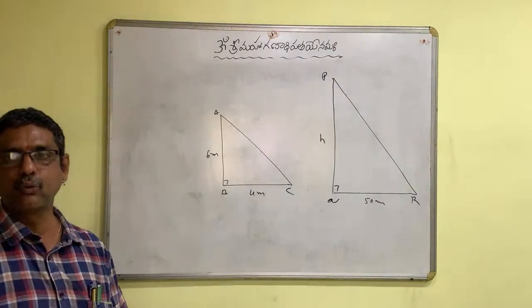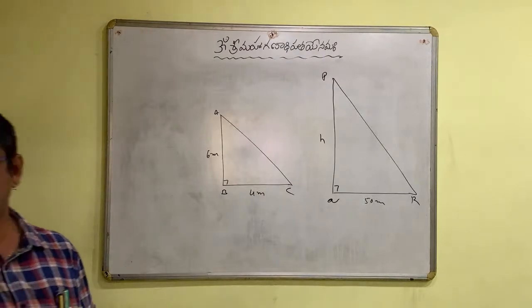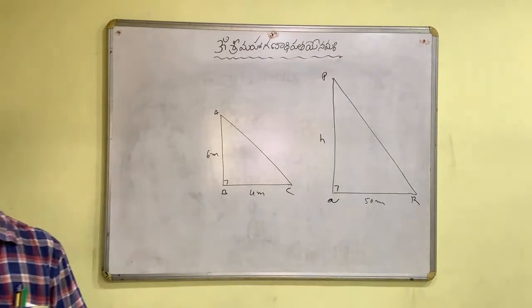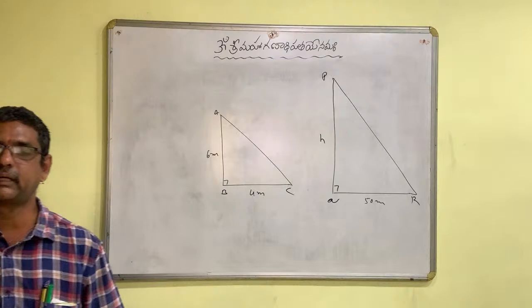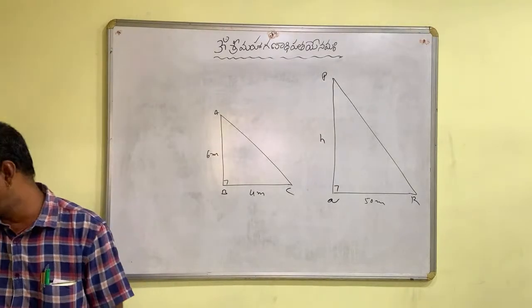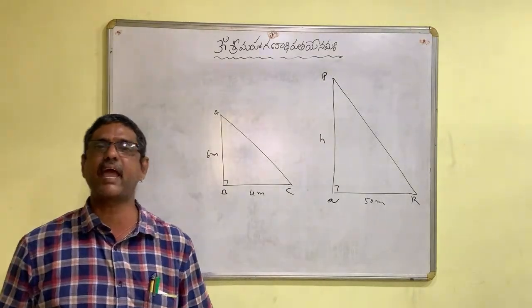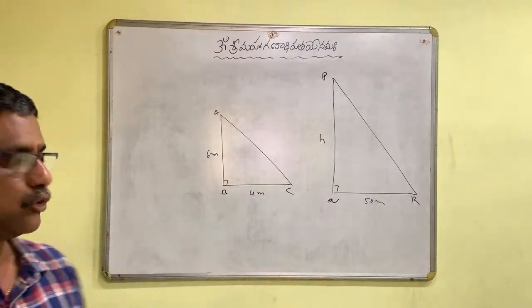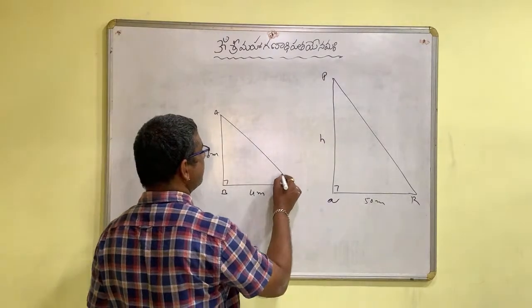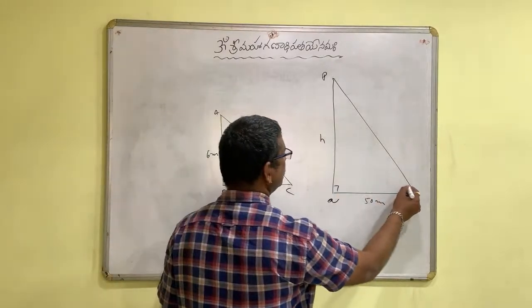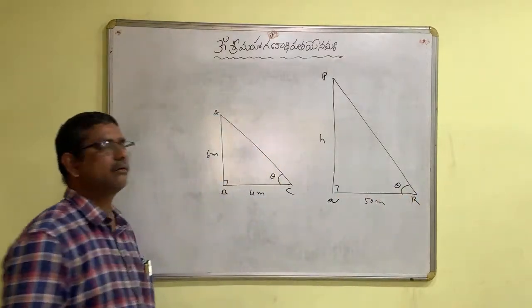So we can observe two right triangles over here. Now here the tree as well as the pole are both casting shadows at the same time. So the sun's altitude will be the same, theta, theta. That is what you have to understand.